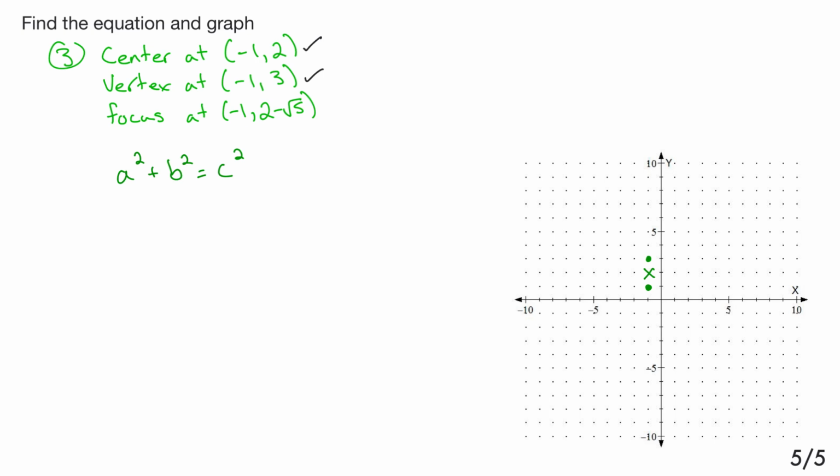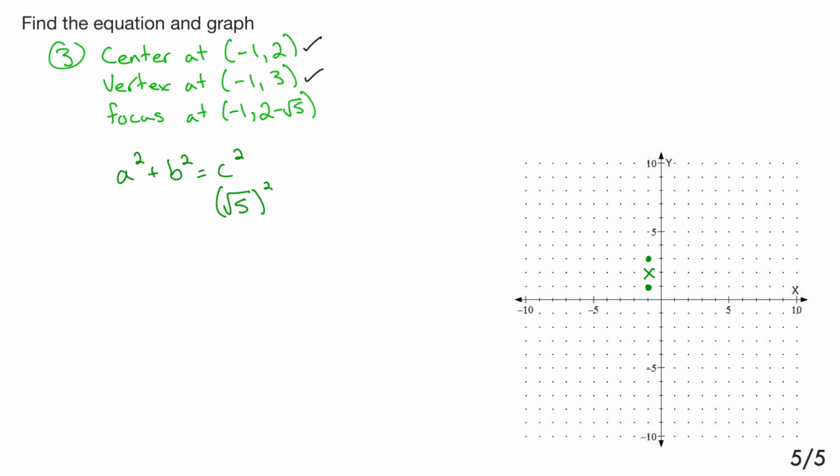So my c value is going to be the square root of 5. Because again, that's my distance, 2 minus the square root of 5. So if I go down the square root of 5, that's my focal length, root 5.